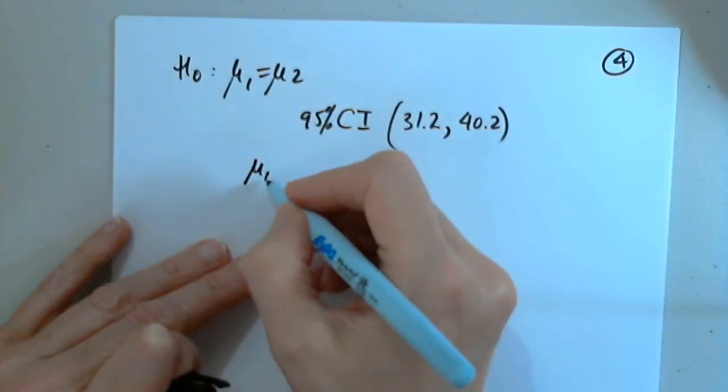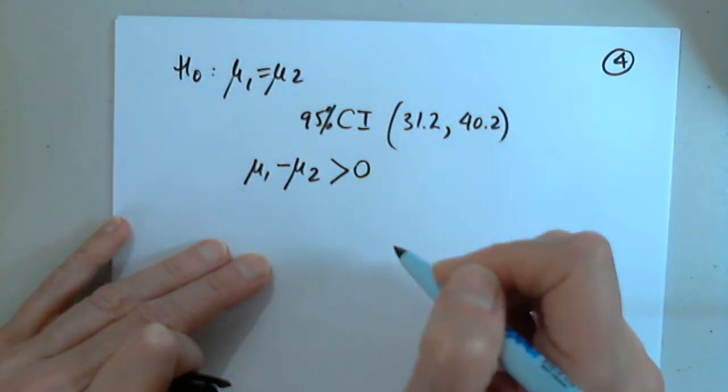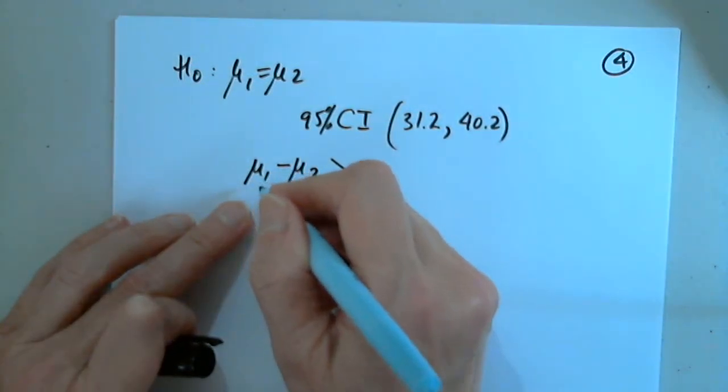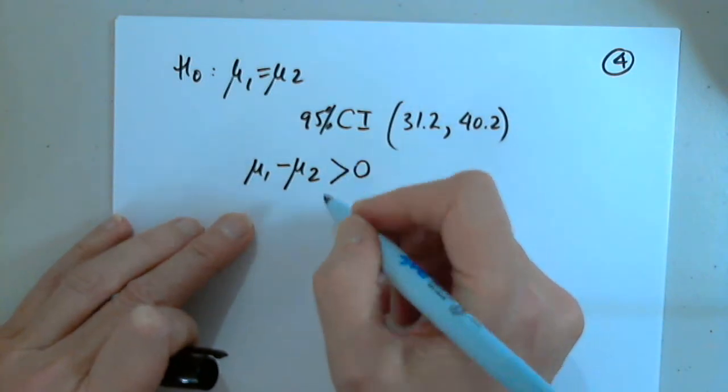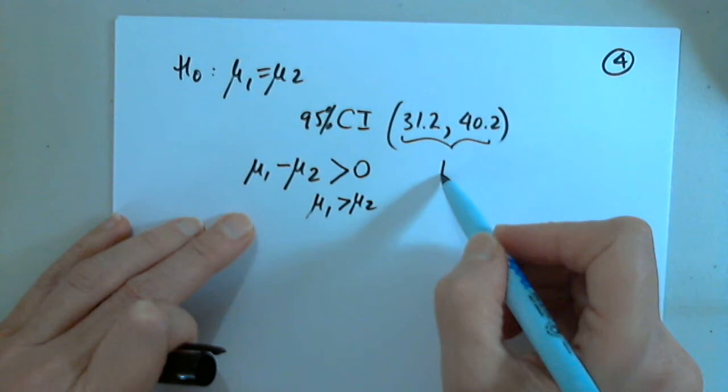It means that mu1 minus mu2 is consistently positive, which means mu1 is greater than mu2, because the answer is always positive.